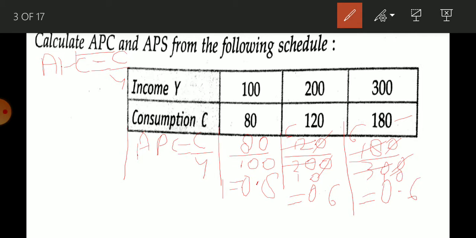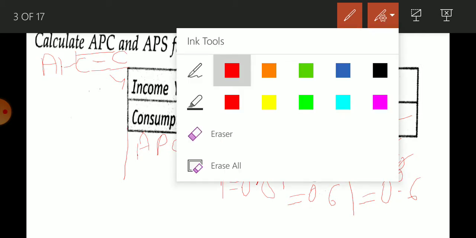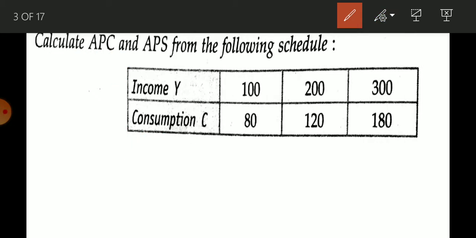Now how are we going to calculate APS? The equation of APS: APS is equal to S upon Y. So first of all we need to find the value of S, because the value of S is not given here.